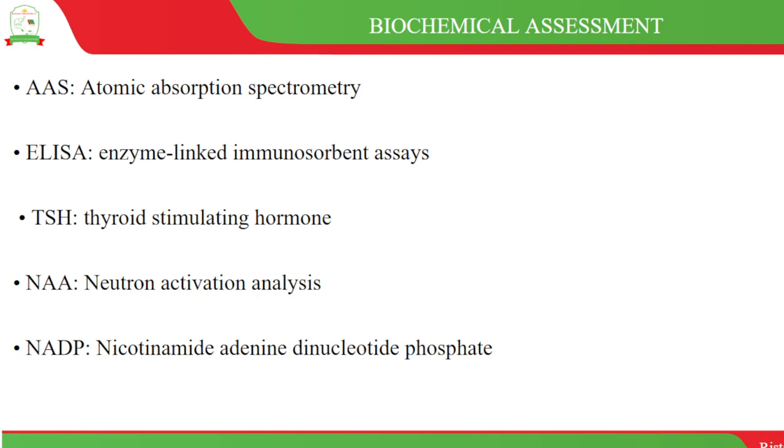And some of these analytic methods have been abbreviated, so here is the full meaning of those abbreviations: AAS is atomic absorption spectrometry, ELISA is enzyme-linked immunosorbent assay, TSH is thyroid stimulating hormone, one of the things that you test in your blood. NAA is neutron activation analysis, that's a method also.